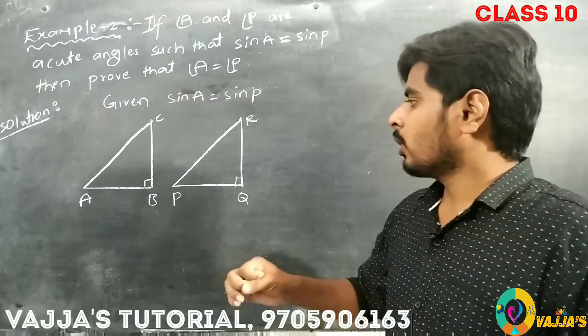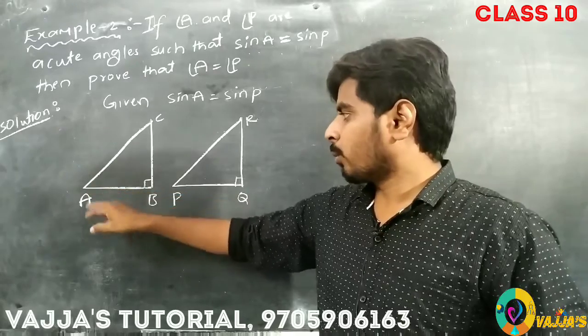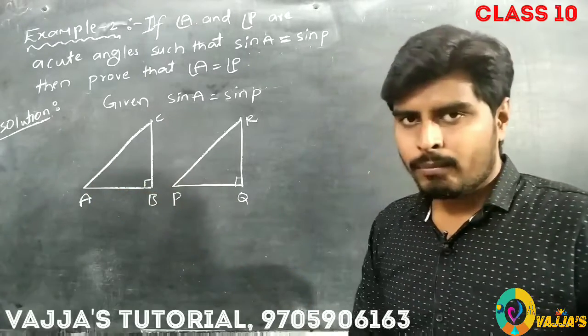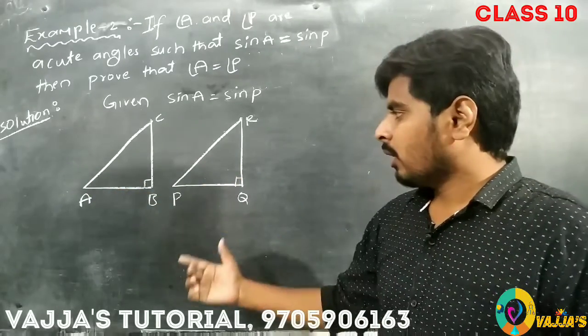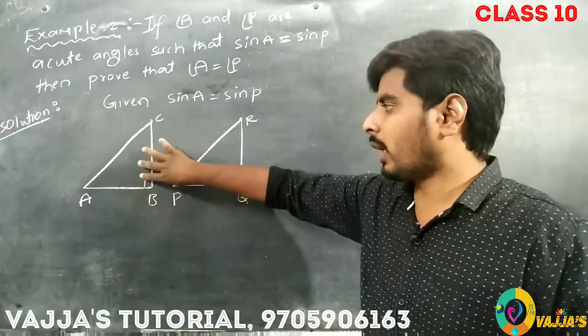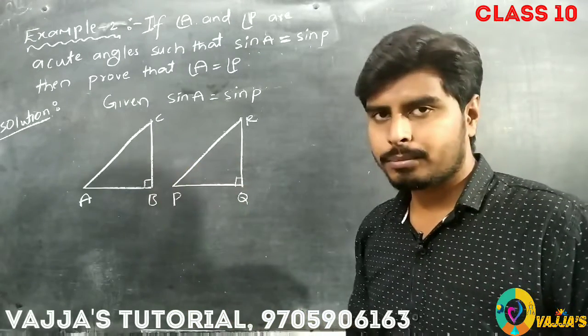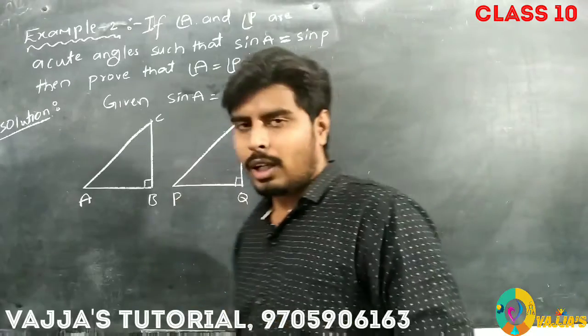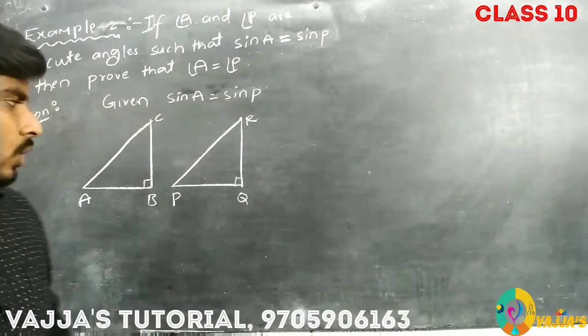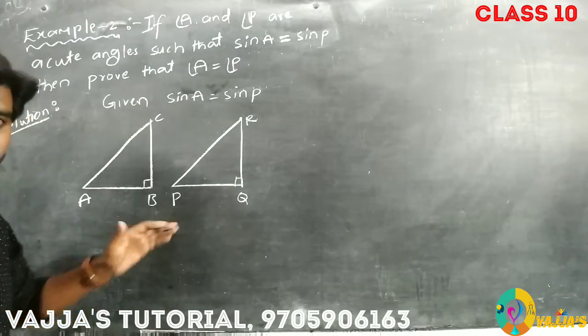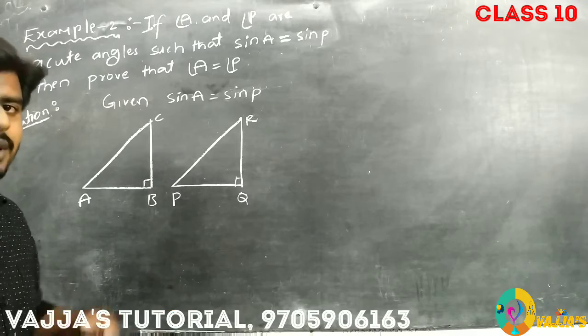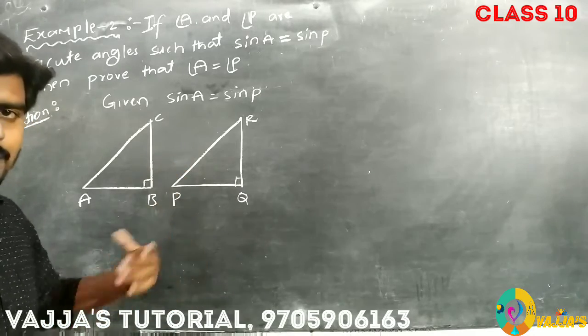So we have to prove angle A equals angle P. First of all, we have to prove that these two triangles are similar. So how can we prove that these two are similar? By taking the corresponding sides ratio. If the corresponding sides ratio is equal, then we can say that these two triangles are similar.